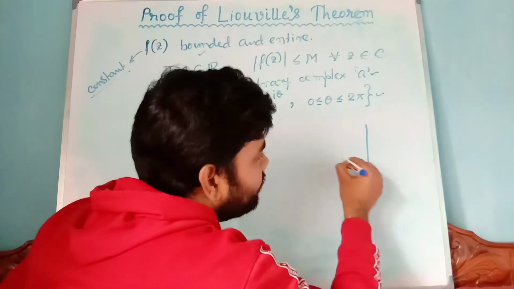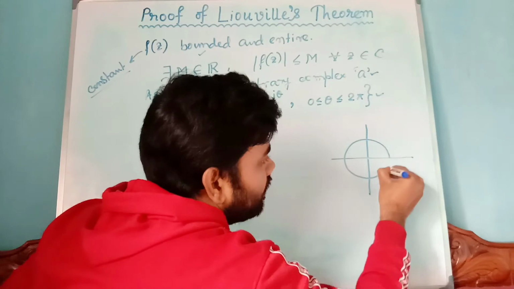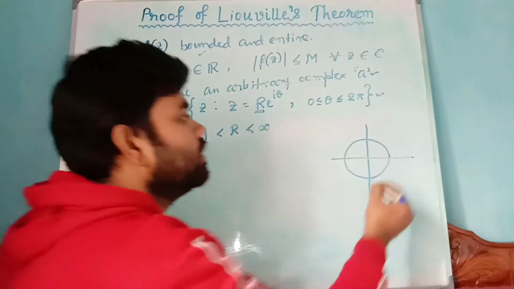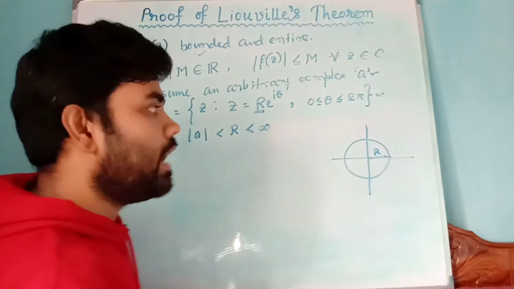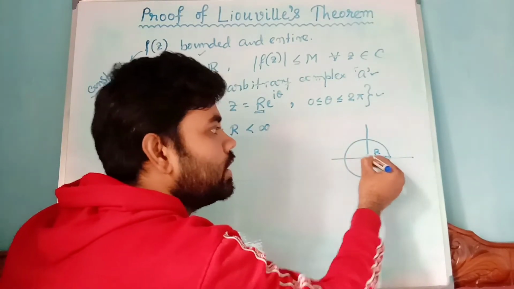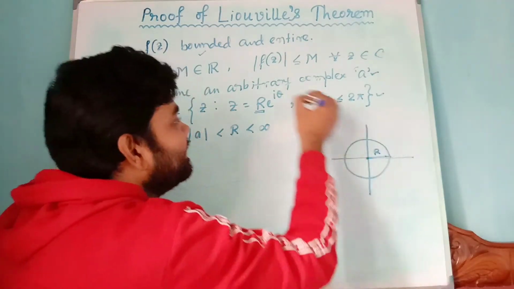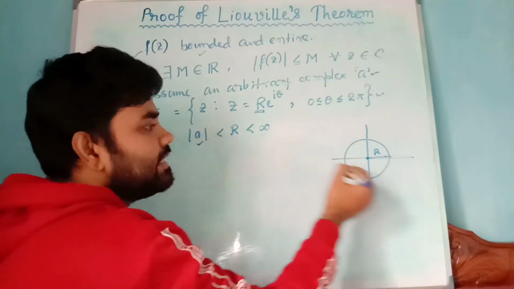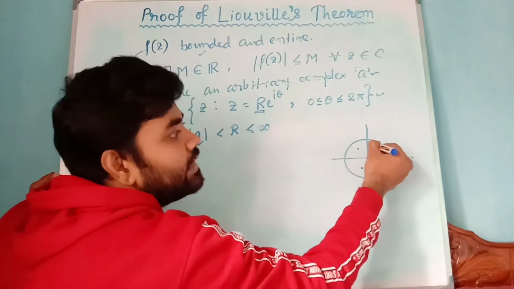So we can have a diagram here. This will be our curve gamma, where this is the circle's radius R and this is the center of the curve gamma. Now since modulus of A is less than R, it may lie here, it may lie here, or it may lie here.